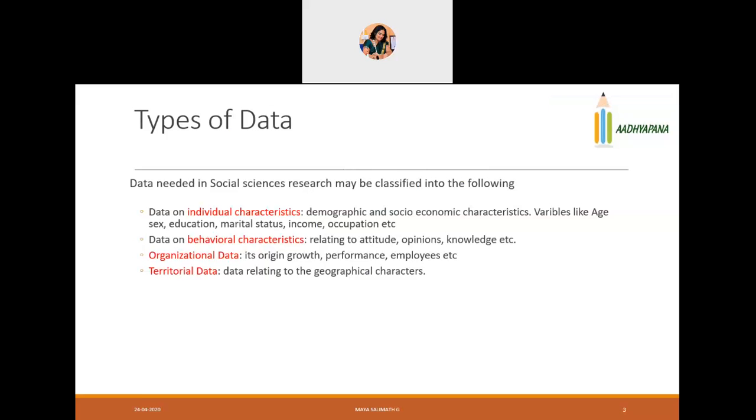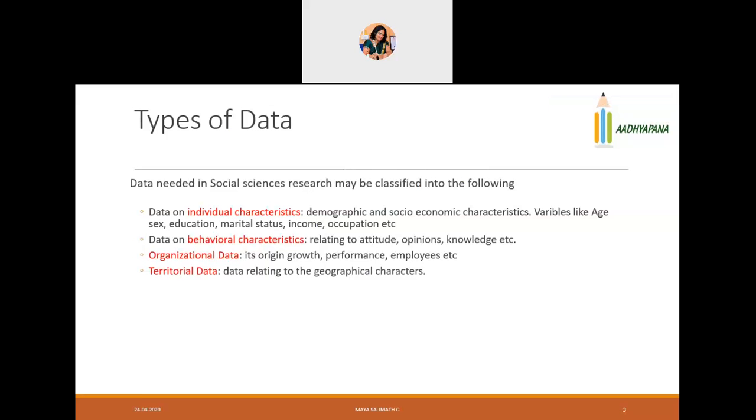And then we talk about the organizational data. Organizational data talks about the origin of the organization, growth of the organization, performance of the organization, or the various kinds of employees of the organization. And then we have the territorial data. Territorial data is the one which has geographical characters.